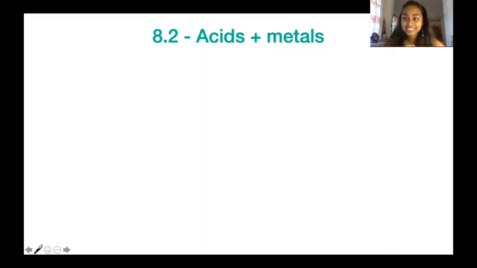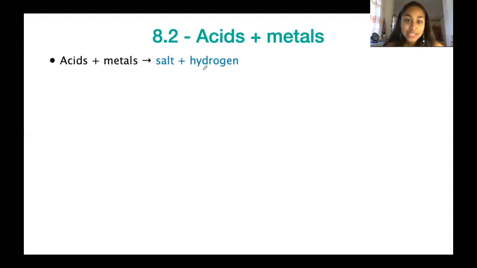Firstly, acids and metals. It's always worth knowing the word equations. Essentially, what are the products that are formed when an acid reacts with a metal? In this case, it's going to be a salt and hydrogen. If you're ever asked in a paper 2 question what you can observe when a strip of magnesium is dropped into a beaker of hydrochloric acid, your main observation is going to be bubbling or effervescence.